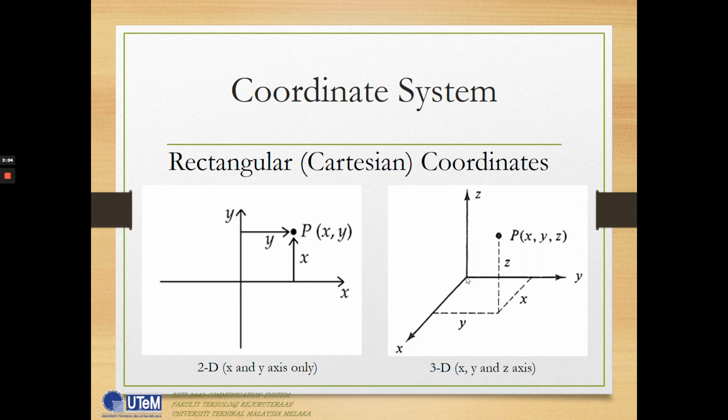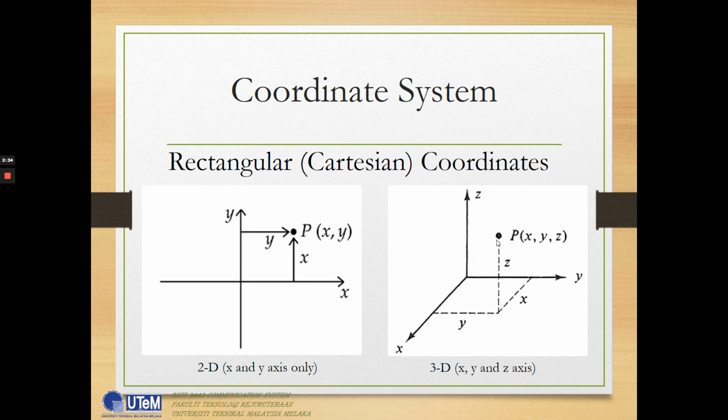First we go x, which is this value, and then we go y, and at the end we go to the z value. Then after that we will finalize and find our point here. So how we represent this one is the point P, with x, y and z coordinates, means we go x first, then we go y, and then z.